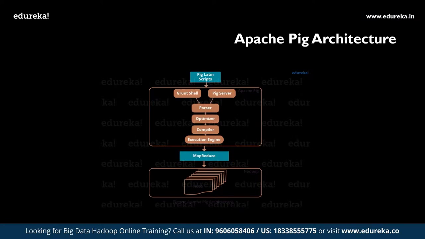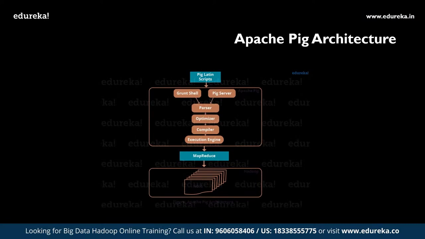In directed acyclic graphs, the logical operators of the scripts are represented as the nodes and data flows are represented as edges. And next, the optimizer. The logical plan for directed acyclic graphs is passed to the logical optimizer. This carries out the logical optimizations such as projections and pushdowns.